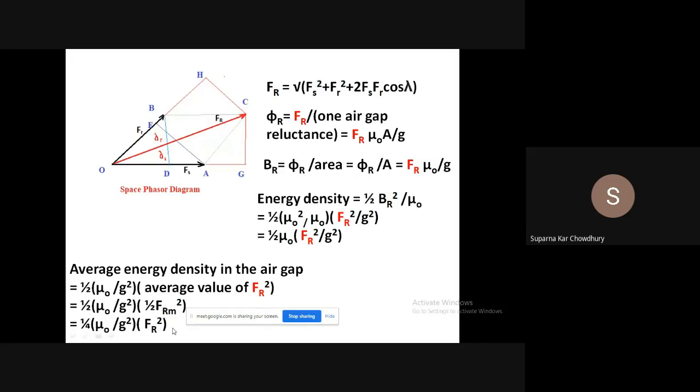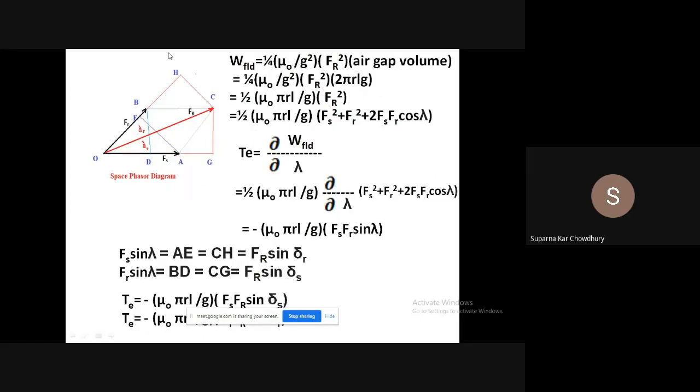There is some confusion in the representation, but this is the peak value. So W field, the energy of the magnetic field, will be the average energy density into the air gap volume. Now this is the peak value square actually.